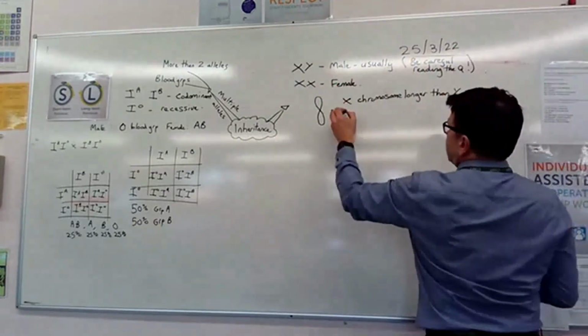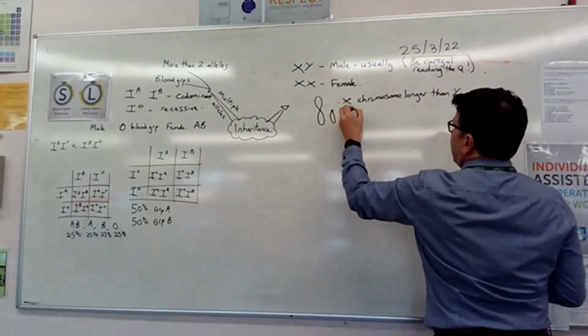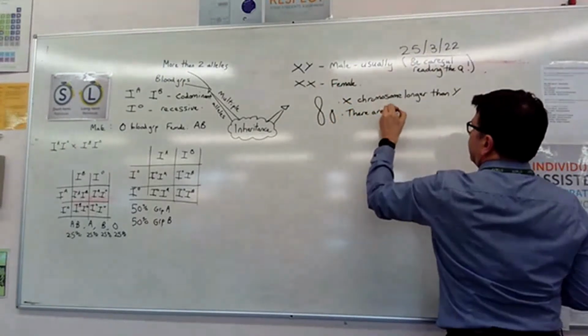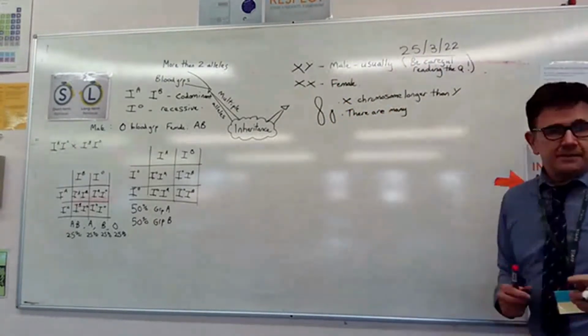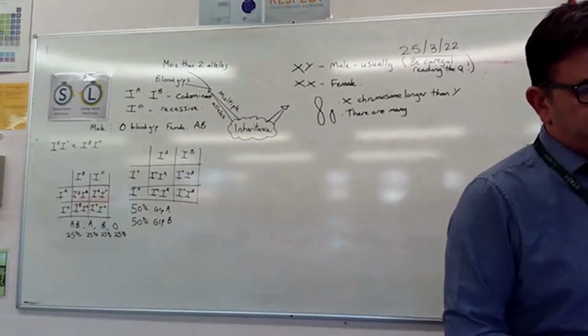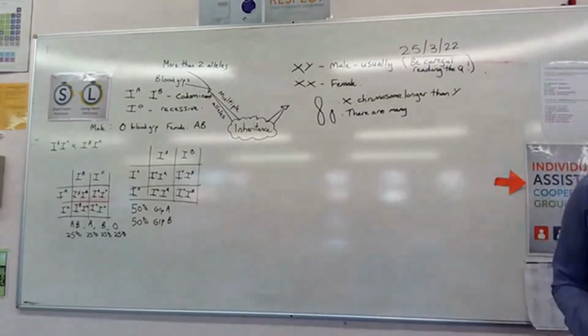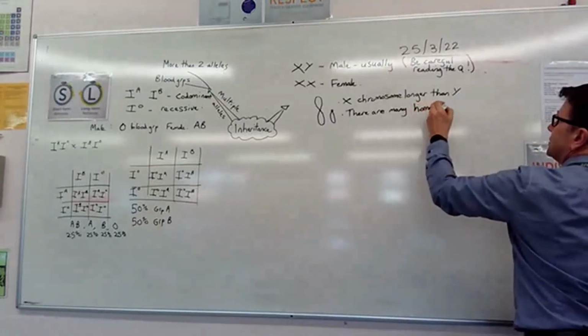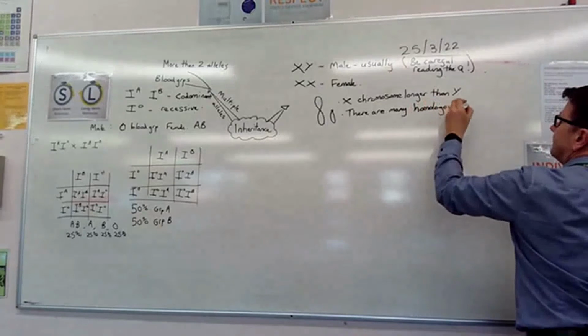So there are many homologous portions of Y missing.